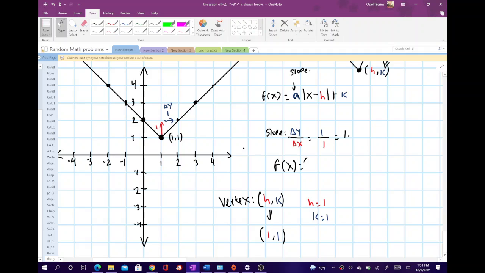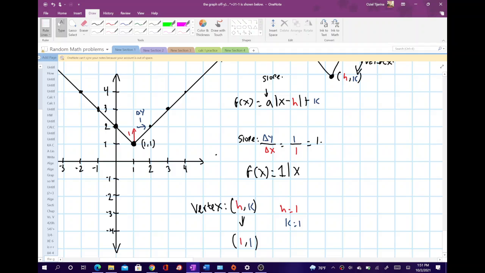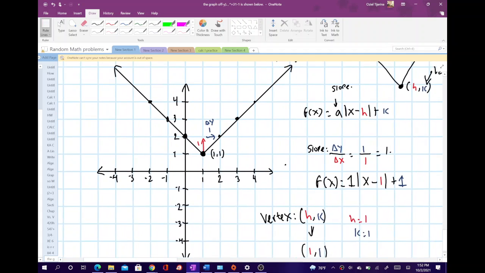The slope is 1, so that means that a equals 1. So we can say 1 times the absolute value of x minus h. We said that h was 1, and k was 1, right? So that would be the equation of this graph here.